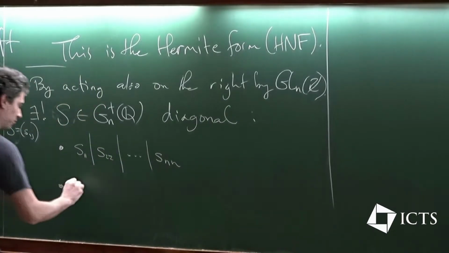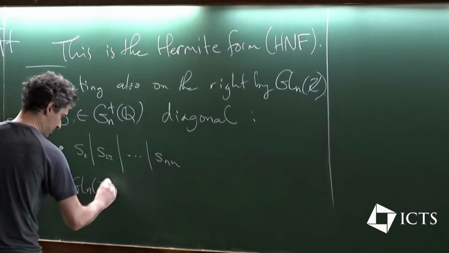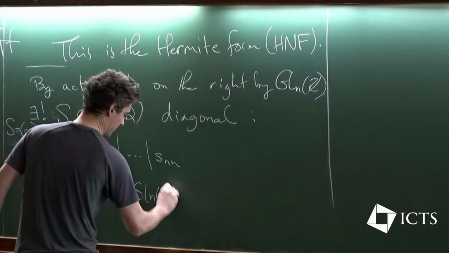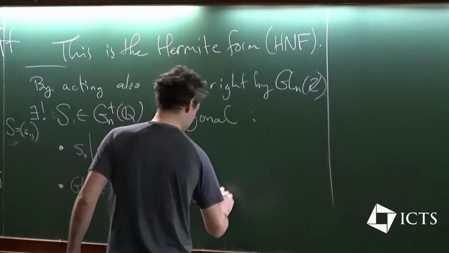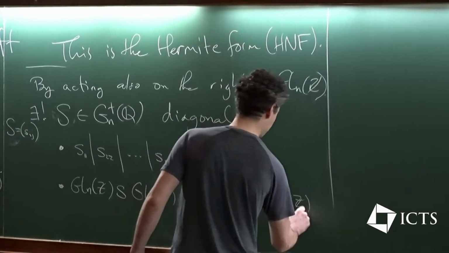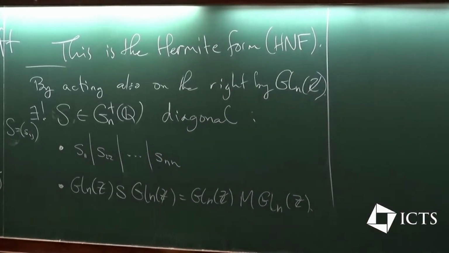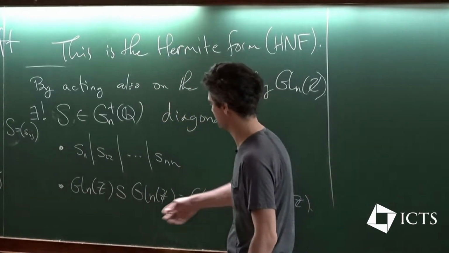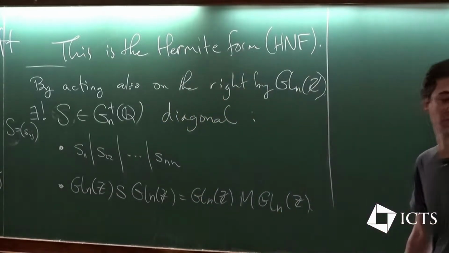Moreover, and importantly, S in GL_n(Z), we get that equality. So if I look at the orbits of the left and the right, they'll be the same. Yes.